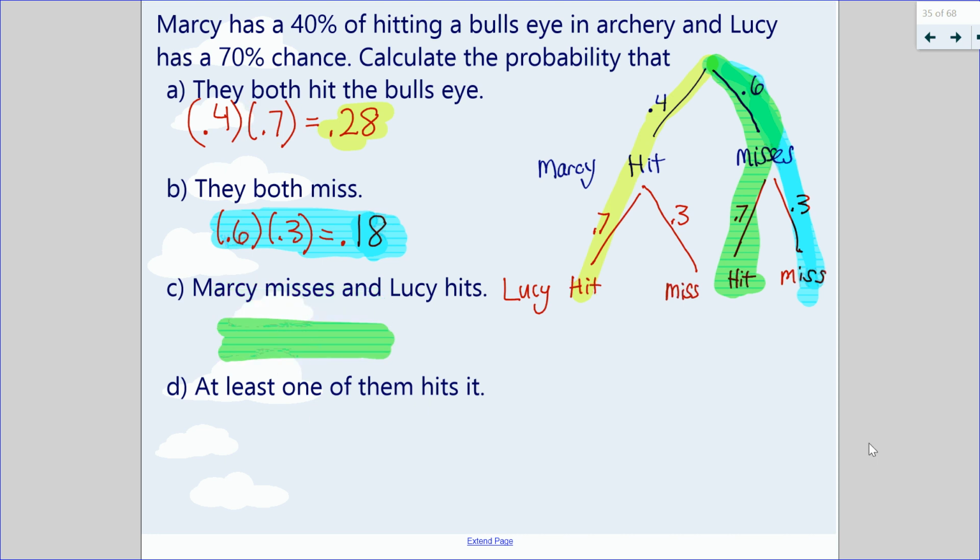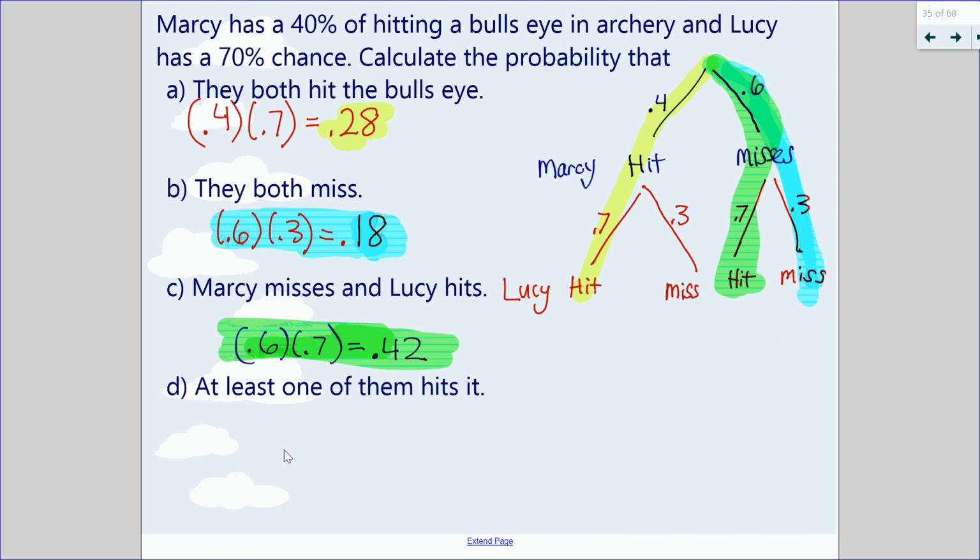That one seems the most likely. Again, going down the tree, you multiply. So that's 42% or 0.42. Marcy misses, Lucy hits it.